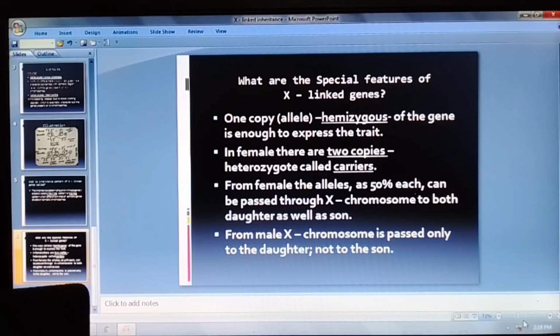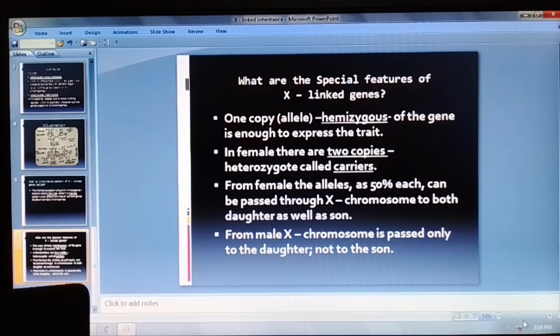And in the case of female, it can express only if there are two copies. That means both the X chromosomes carry the recessive gene, then only the character will be expressed. Otherwise, the female seems normal even though she is a carrier. Carrier in the sense one X having the dominant gene, the other X having the small, that is recessive, gene.